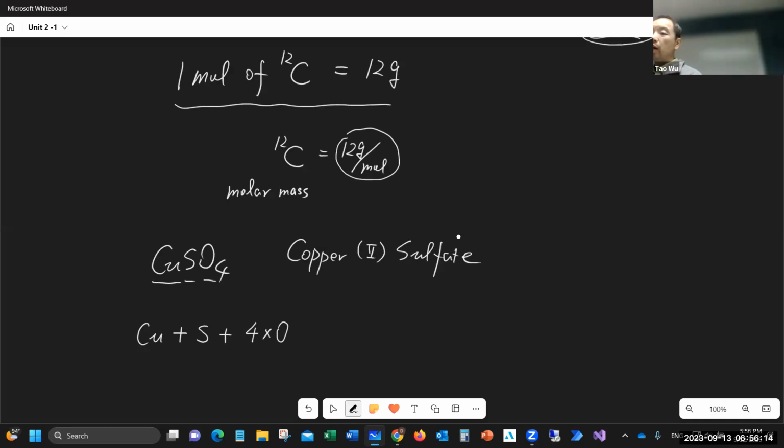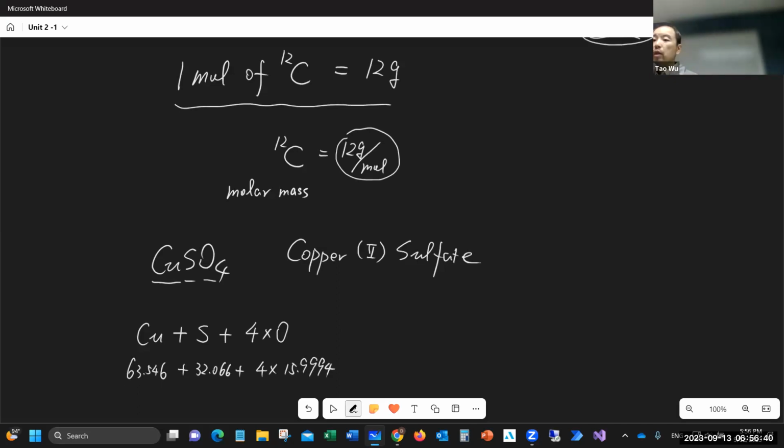So for the whole compound, copper is 63.546, plus sulfur 32.066, plus oxygen, 4 times 15.9994.